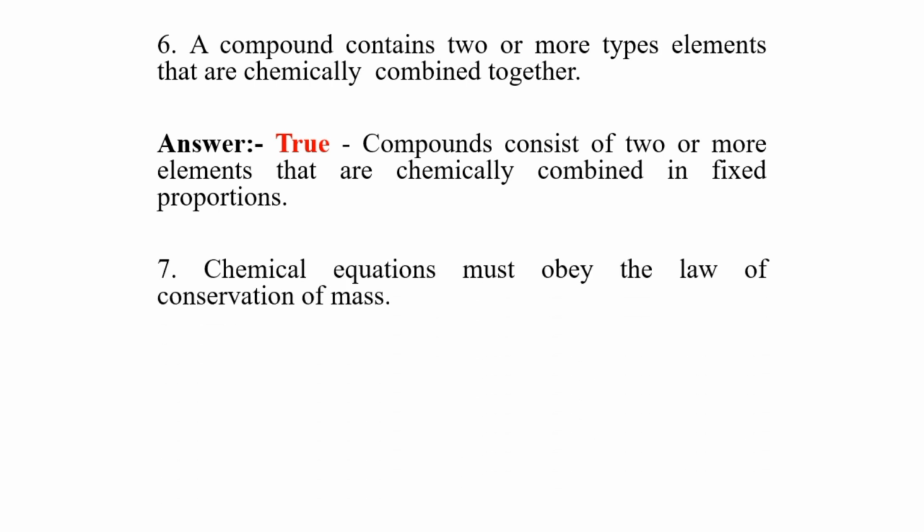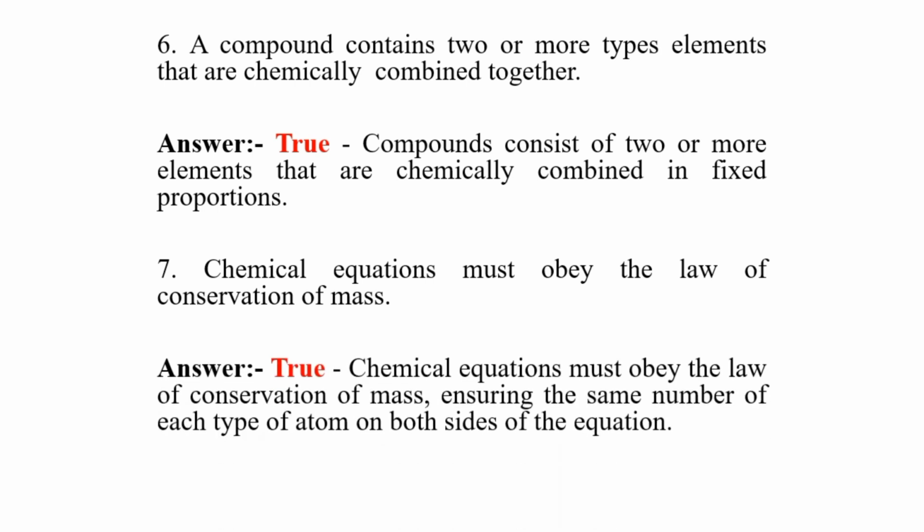Question number 7. Chemical equations must obey the law of conservation of mass. The answer is true. Chemical equations must obey the law of conservation of mass, ensuring the same number of each type of atom on both sides of the equation.